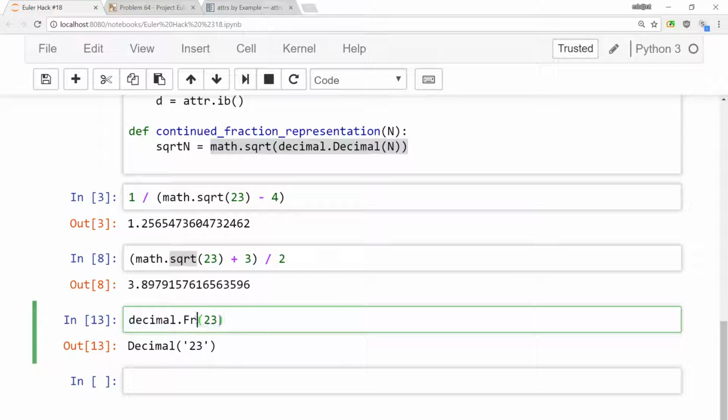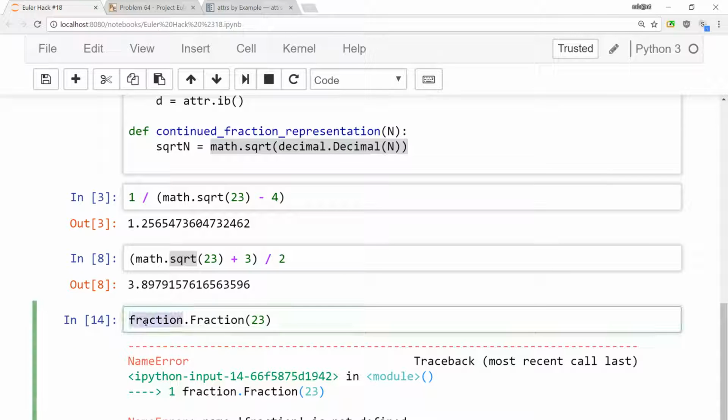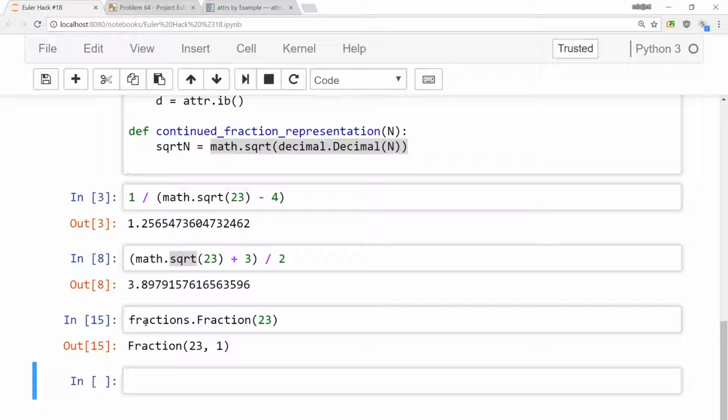I'm thinking about where we don't have to calculate the fractions.